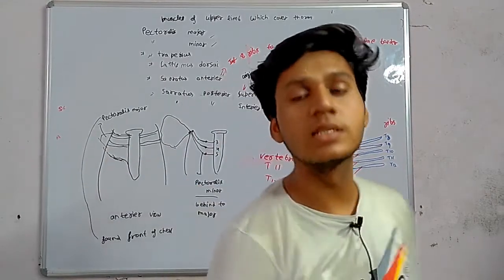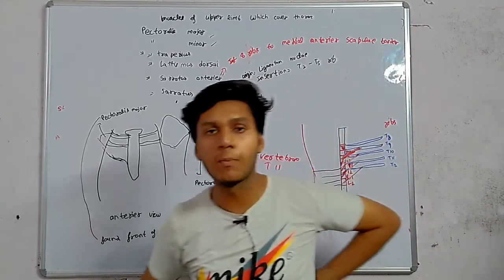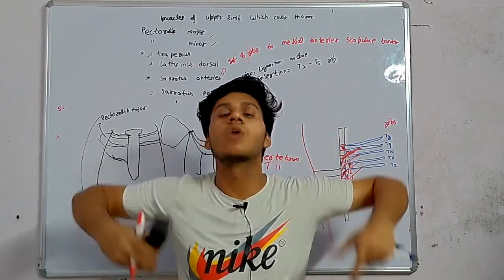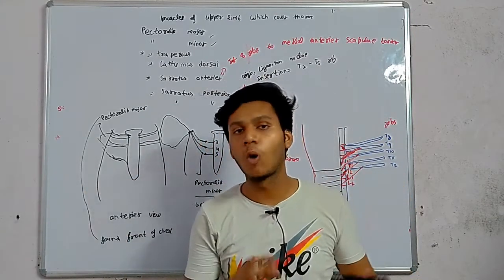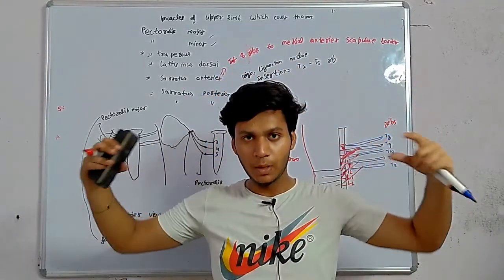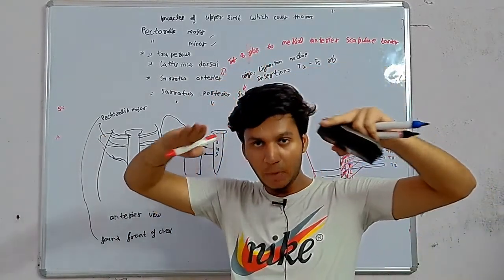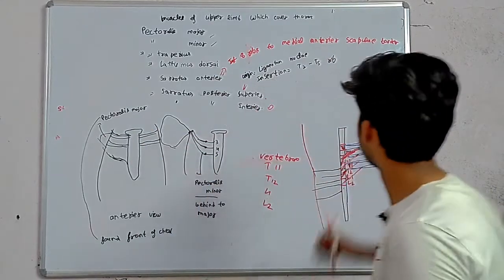Trapezius muscle. After this muscle, the muscles of the scapula are attached to the scapula, and the trapezius just covers these muscles. It is a large, broad muscle of the back which covers the whole back area, called the trapezius. It is a kite-like muscle, with ligamentum nuchae attachment, scapulae, and then it covers all the thoracic vertebrae like this.